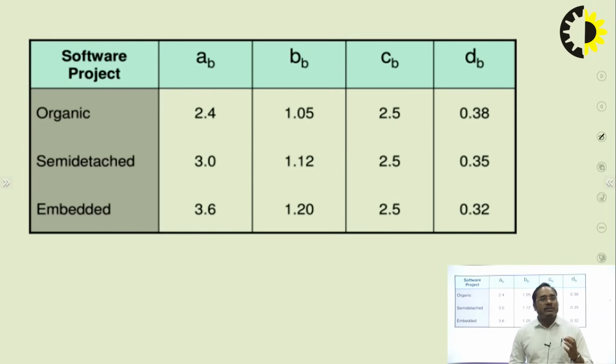For organic, a subscript b is 2.4, b subscript b is 1.05, c subscript b is 2.5, and the last one, d subscript b, is 0.38. For the semi-detached model, we are using a subscript b equal to 3.0, b subscript b equal to 1.12, c subscript b equal to 2.5, and d subscript b equal to 0.35. These are the significant values used in calculating the values and cost of the project using these models.